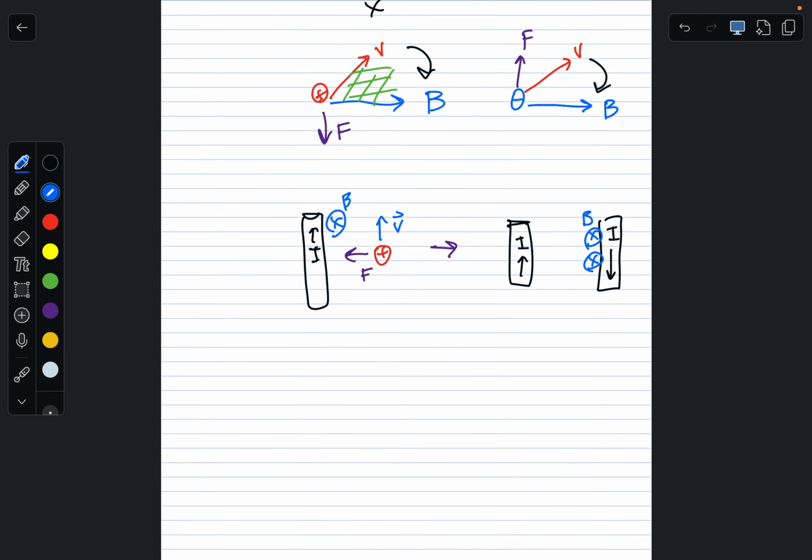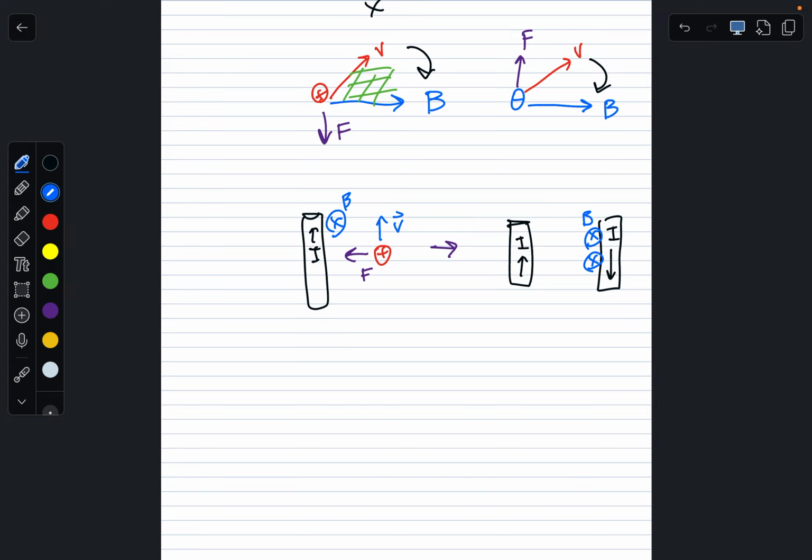Right, that current's going to feel a force. So instead of your thumb in the direction of V, your thumb is in the direction of I, and you're going to sweep it into B. I'll do the 3-finger method. I is pointing down, B is into the page, so I'm going to rotate my hand.